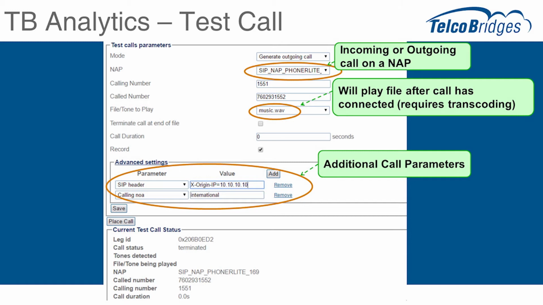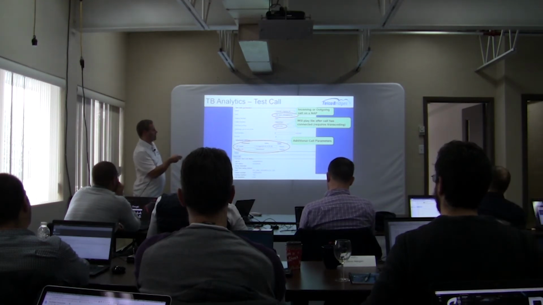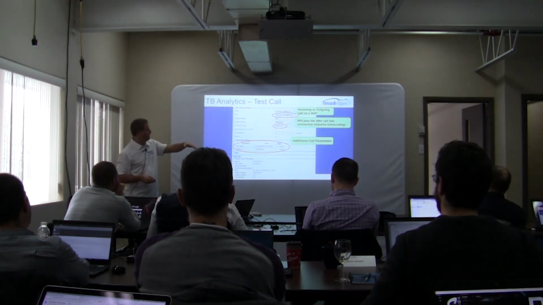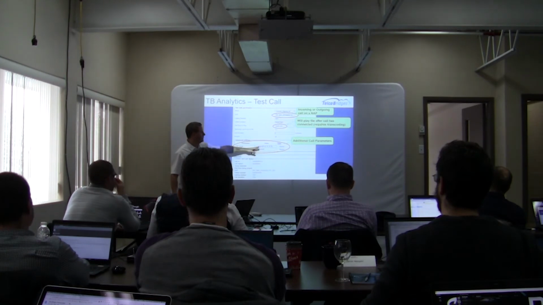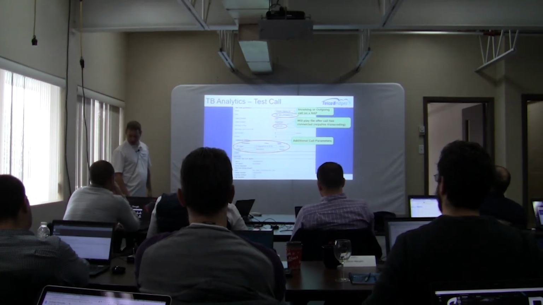Here you can also record, so you will record what is coming back from the call. Here you can put additional parameters. So if it is an outgoing call, it's going to add this SIP header and maybe calling in away, which is more for SS7.